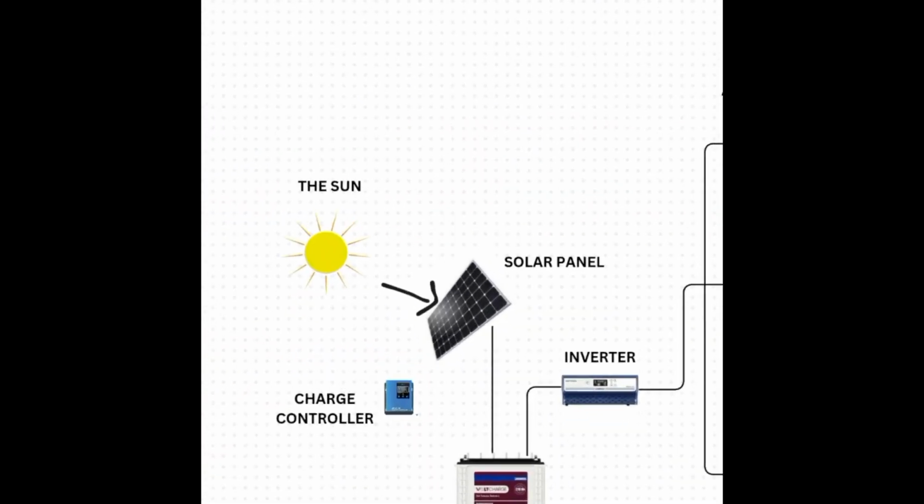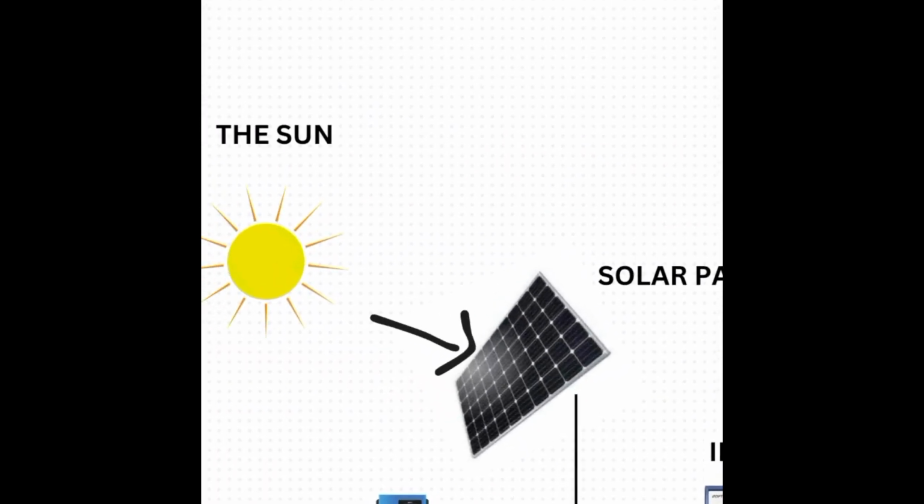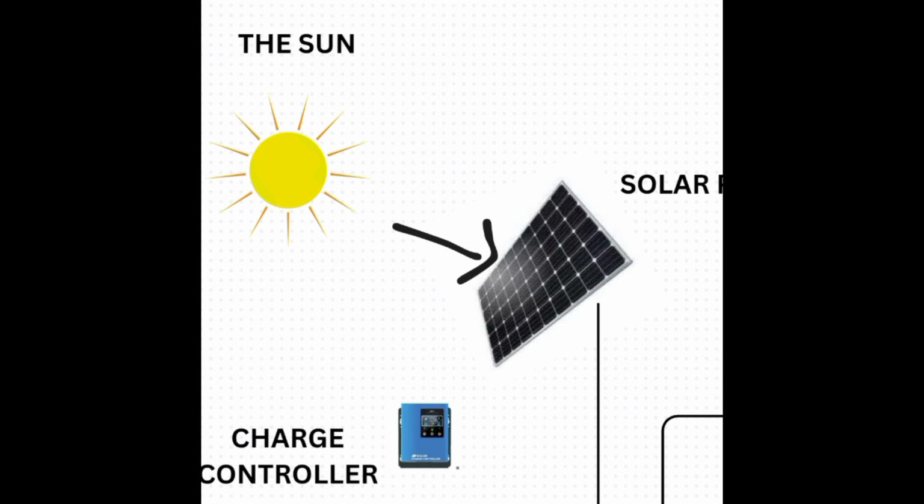This solar panel, like I said, is the one responsible for power generation, and it works when light hits the surface of the solar cells. When the solar panel is exposed to sunlight, or any type of light actually, the photons, or light particles, from the sun hit the surface of the solar cells.